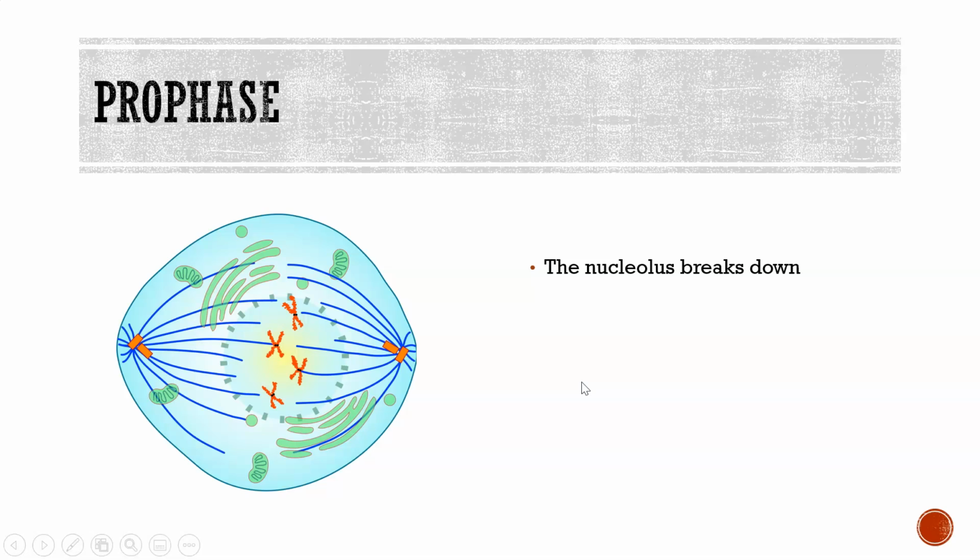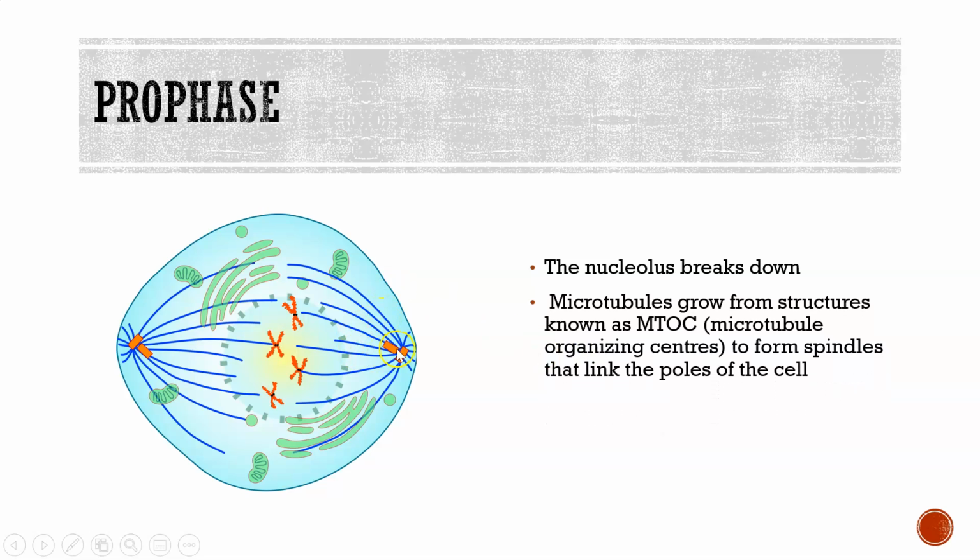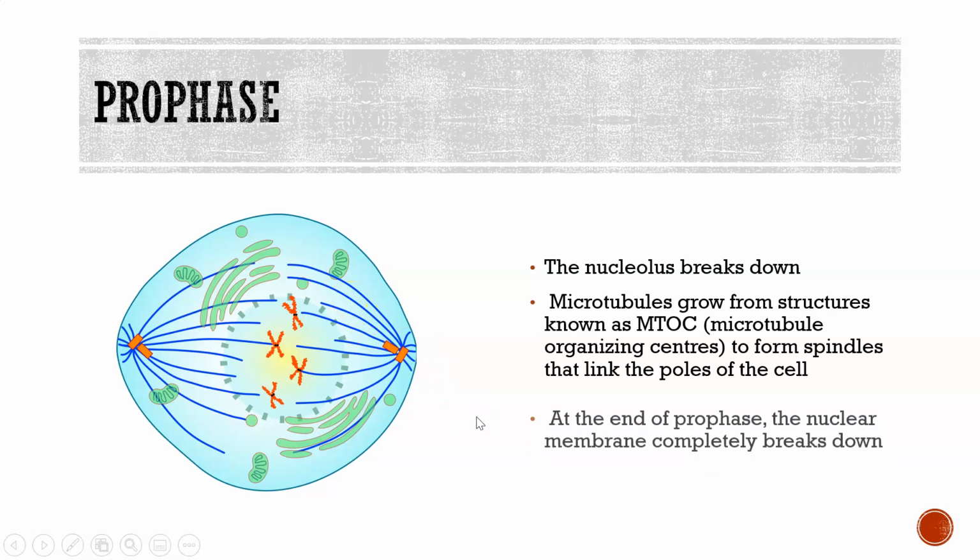Alright, the nucleolus is broken down. Microtubules are growing from the MTOC and form our spindle fibres, which link to the poles of the cells. So we've got them linking to the poles of the cells and coming out of the MTOCs there.